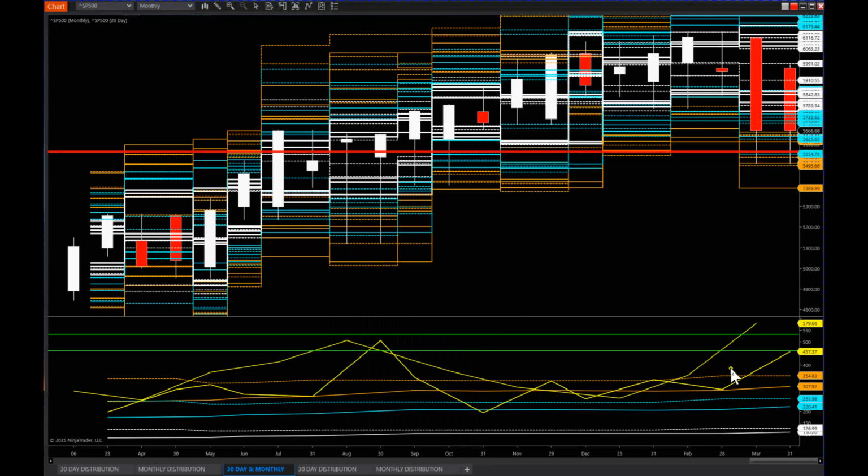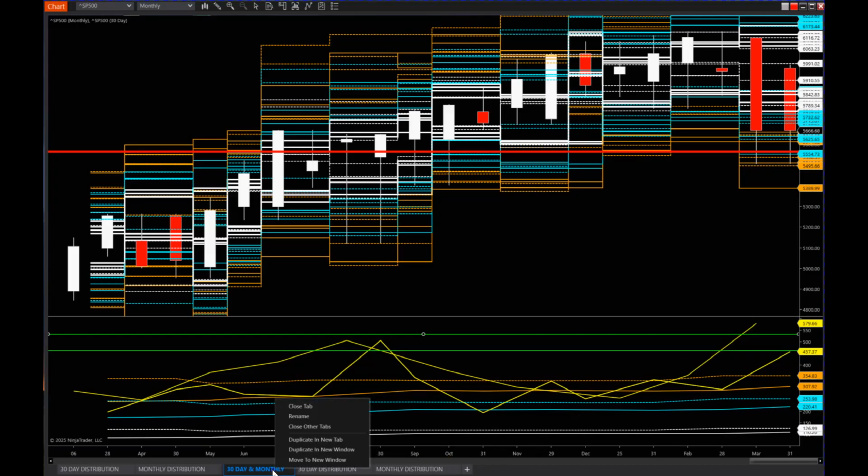And the market went up 1.5 times on the monthly and above 1.5 on the 30-day, 1.6 or something like that, 1.65, but incredible. So it overshot it, and now we're bouncing back up.